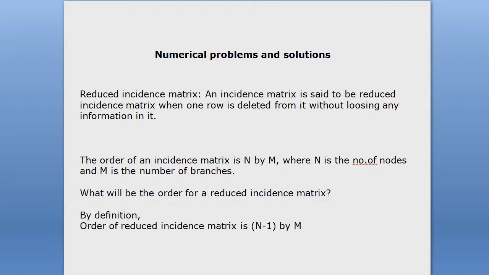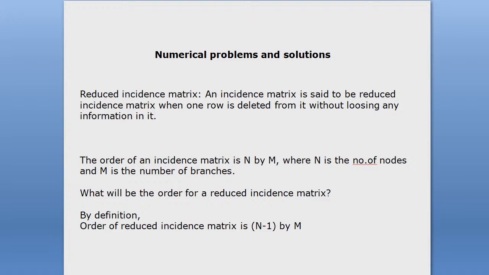Any confusion regarding the concept of incident matrix, formation of incident matrix from a given graph, or reduced incident matrix and their order? Everyone knows that order of a matrix means the size of the matrix, how many elements or entries are associated with a matrix.